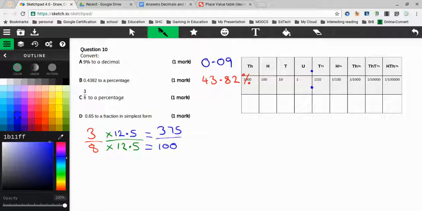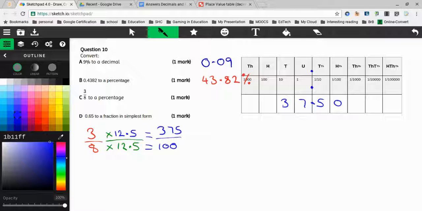So if I was to write that in our place value grid, knowing that our last number needs to sit in the tens place, my number is going to be 37.50.